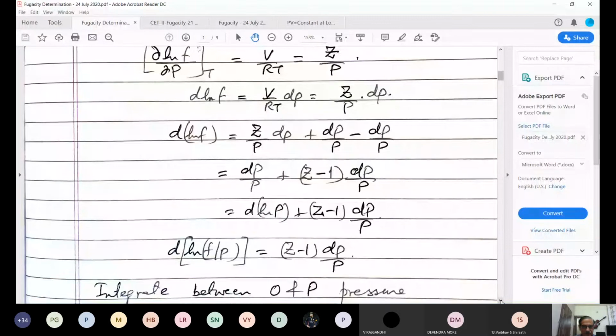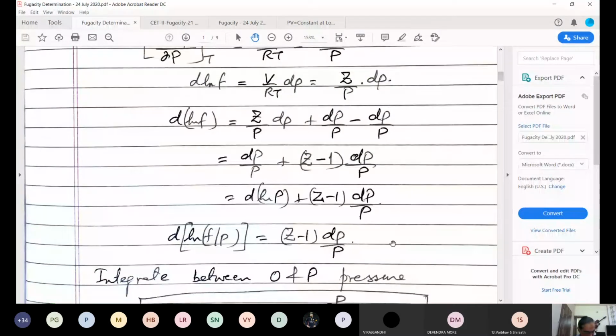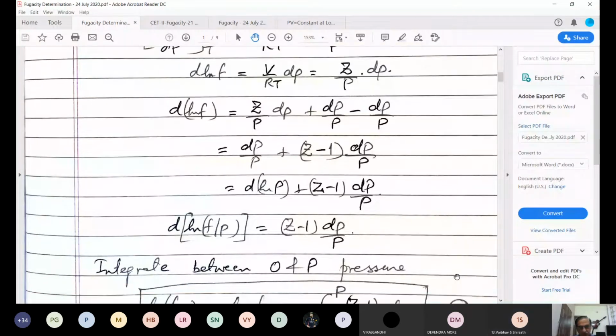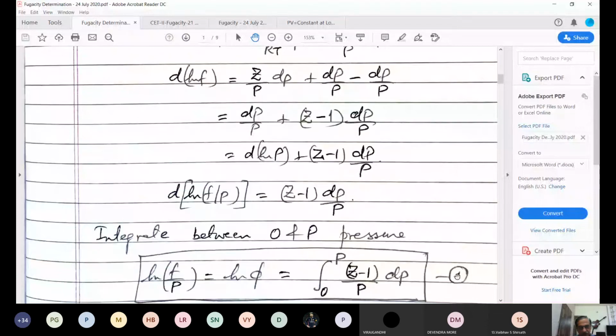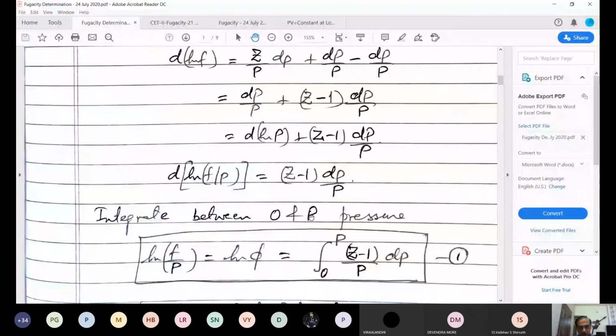Okay, did you understand this derivation? It is a simple derivation, not much complication. So integrate this from 0 to pressure P. What you get is ln f by P, which is nothing but the fugacity coefficient, equal to the integral from 0 to P of Z minus 1 by P dP.